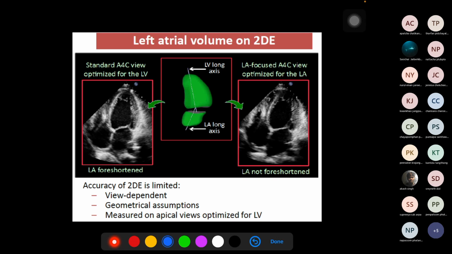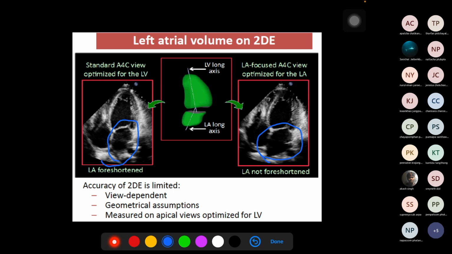Wow. So it's quite tough to get. You see this view, the apical 4-chamber view. Sometimes you obtain a foreshortened image, and you might overestimate the size of the LA volume. If you get the standard view, you will get a different LA volume number.